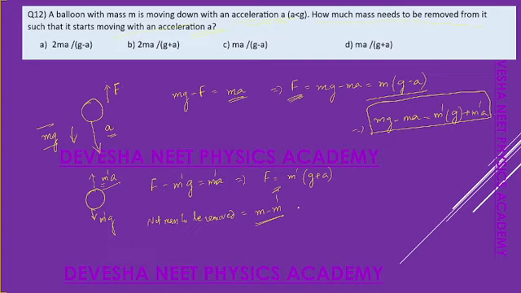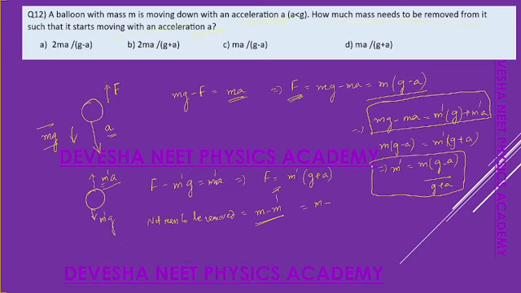So m dash here is m into g minus a upon g plus a. So m dash is equal to m times g minus a upon g plus a.